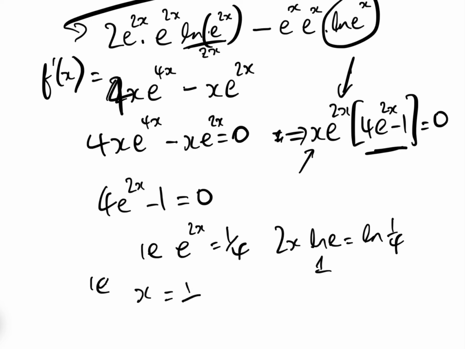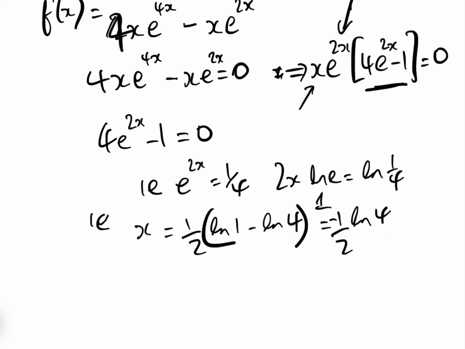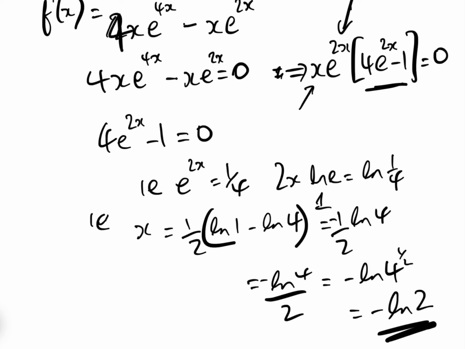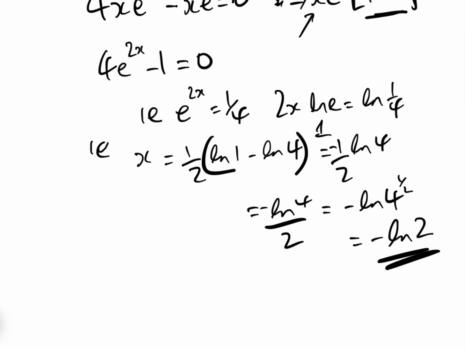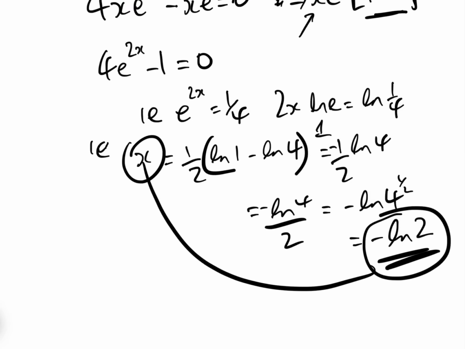So that gives us that x equals a half of log 1 take away log 4, and log 1 is 0, and log of 4, that gives minus half log of 4, which equals minus log 4 over 2, which equals minus log of 4 to the half, which equals minus log of 2. So the solution to this one, where is the maximum? Well, the maximum is at x equals minus log 2.